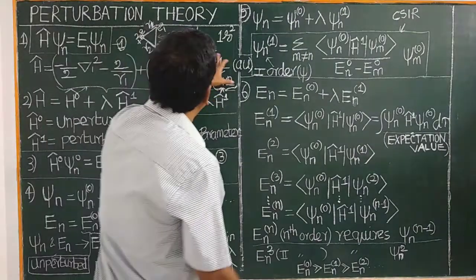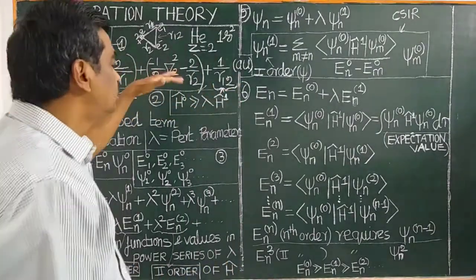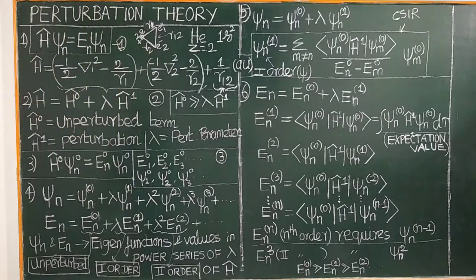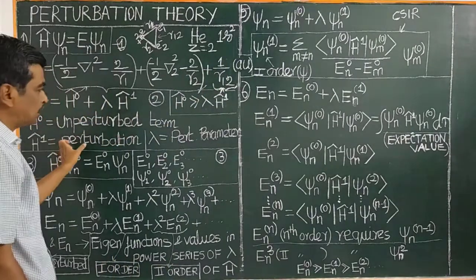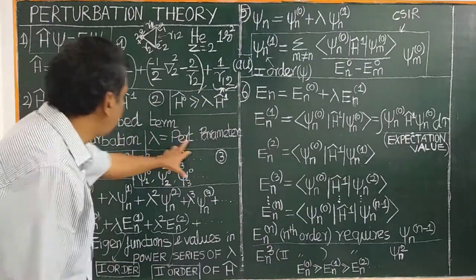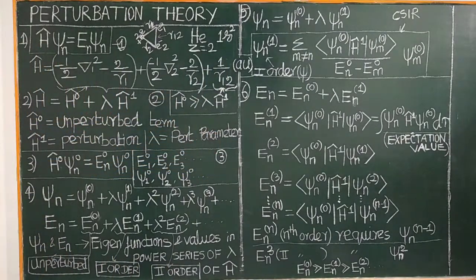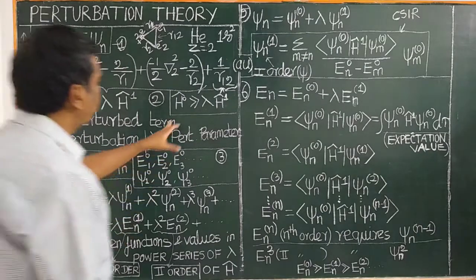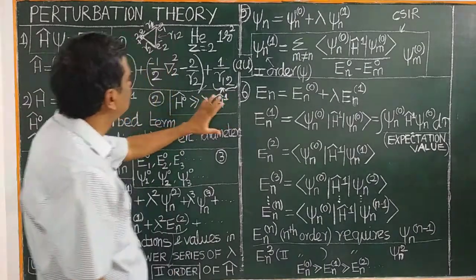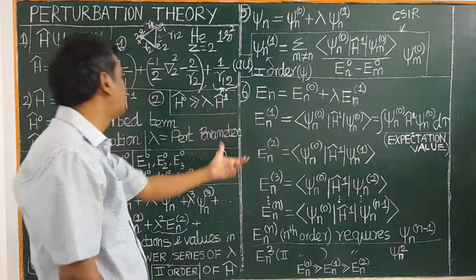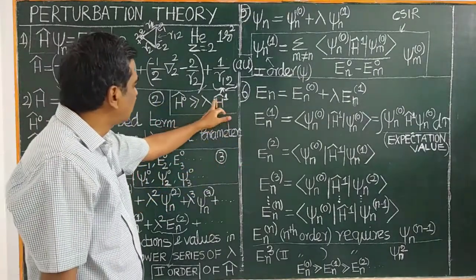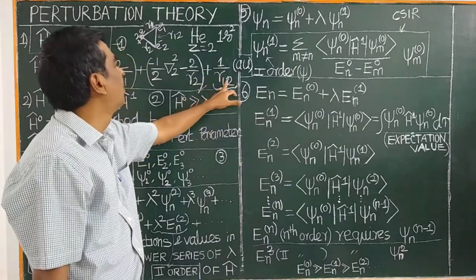Because of this term, the wave function could not be solved exactly. Therefore, it is considered as the perturbation term, and lambda is called the perturbation parameter. The perturbation term is always smaller than the unperturbed term, and H cap prime equals 1 by R12.